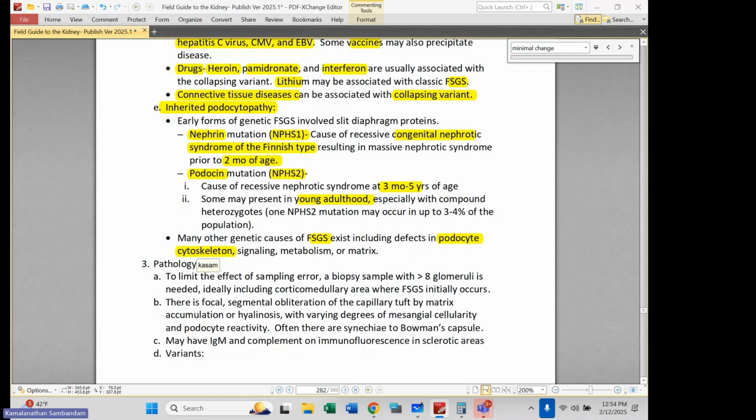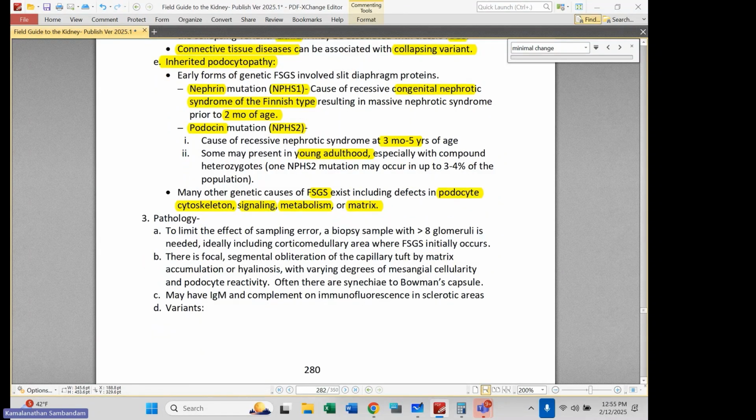As you visualize the podocyte, it is a very complicated cell with primary, secondary and tertiary foot processes. It requires an intact cytoskeleton in order to function normally. Okay, and so people have described cytoskeletal genes that are mutated in genetic forms of FSGS. There are signaling molecules, metabolism molecules, and genes that code for matrix proteins that are also associated with FSGS.